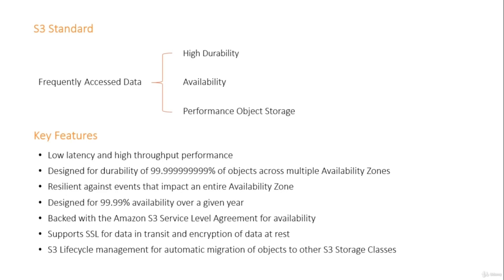At first, S3 Standard. This is the one with 99.99% availability and 11 nines durability. And it stores data redundantly across multiple devices in multiple facilities and is designed to sustain the loss of two facilities concurrently. S3 Standard is a general purpose storage class for frequently accessed data, where that data should be retrieved very quickly.